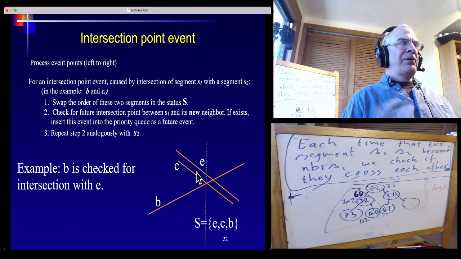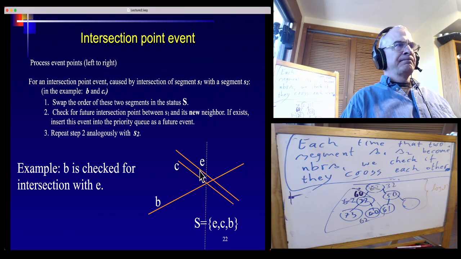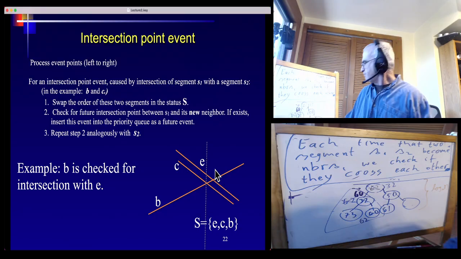B and E were not neighboring each other, not recently. However, after the intersection point, B and E are neighboring on the line sweep. Everybody agrees? Maybe I'll do another diagram.